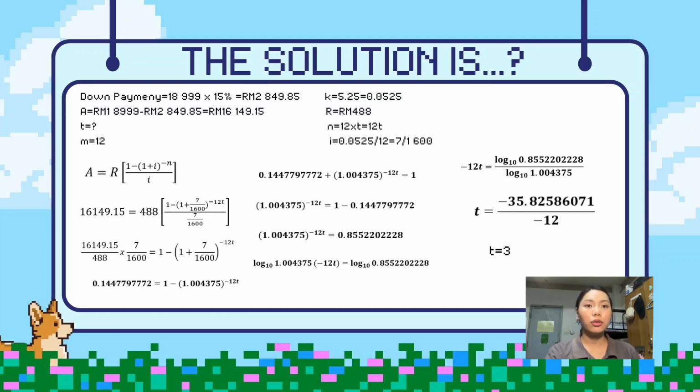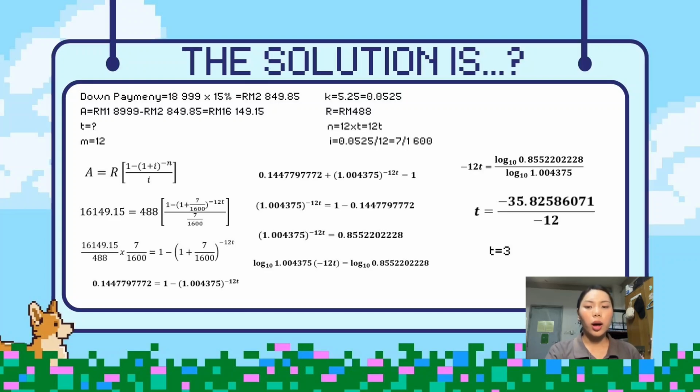Substitute the information into the formula, then we get 1.004375 to the power of negative 12t equals 0.85522022228. We will now apply the logarithm rule to find t.